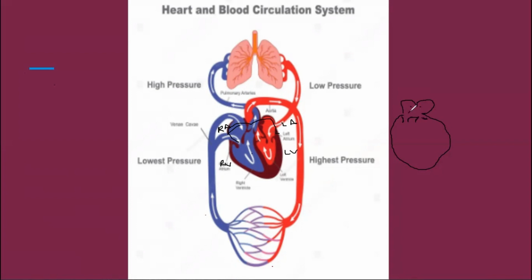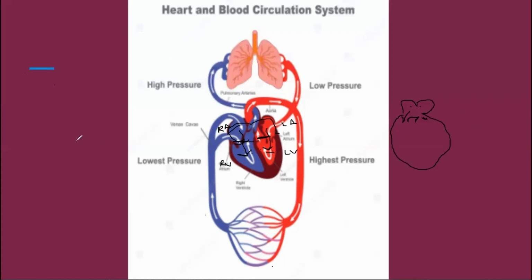The deoxygenated blood comes to the right ventricle and the oxygenated blood comes to the left ventricle. As soon as the blood is filled in the ventricles, due to the pressure of the blood, the valves close again, so the blood cannot return back to the atria. Now both of the ventricles contract.